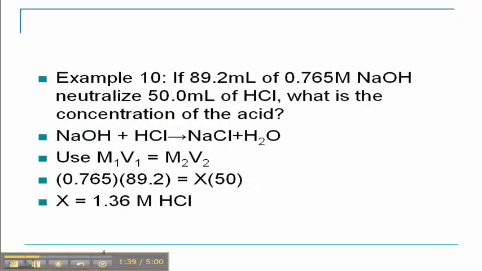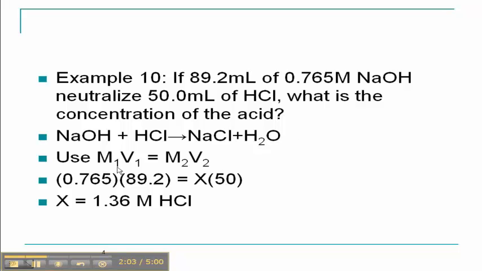All right, so we have our example here. Now this is on your practice paper that you got. So 89.2 milliliters of 0.765 molar sodium hydroxide is going to neutralize 50 milliliters of HCl. What is the concentration of acid? Now the formula looks like this. NaOH plus HCl, we get salt and water.